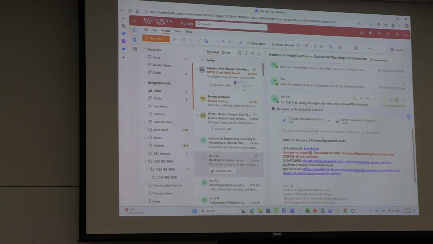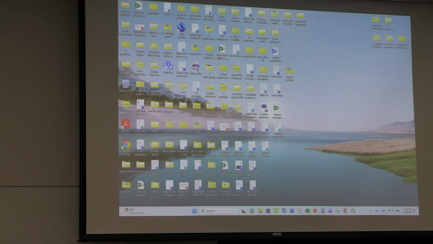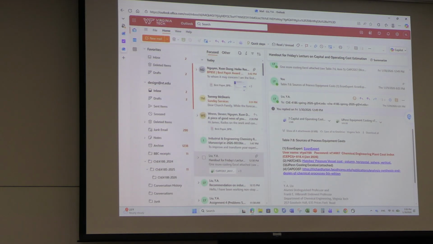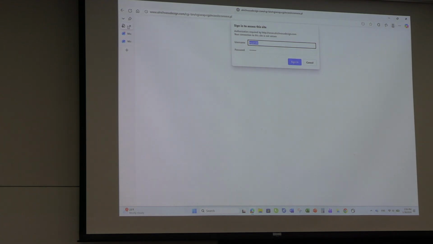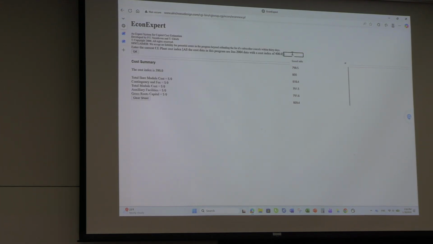VTYAL100, VT14007, 818.4. Sign in. 818.4.